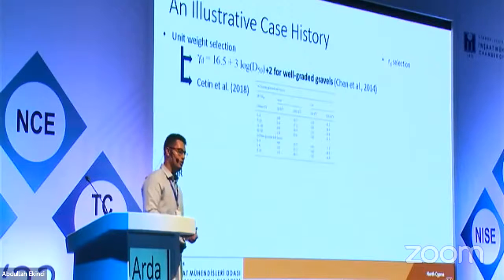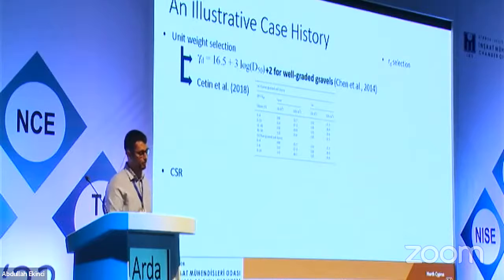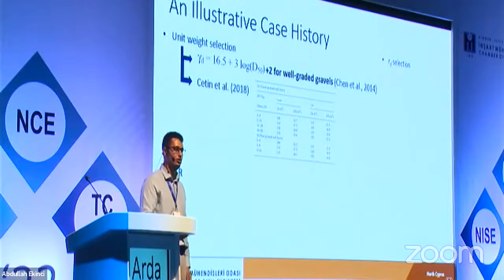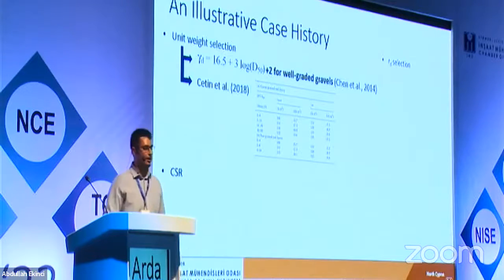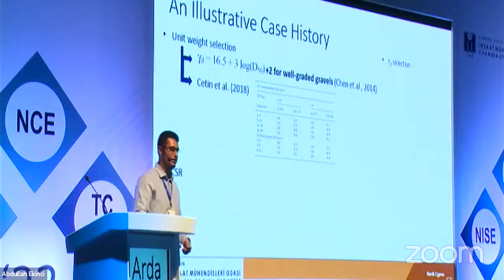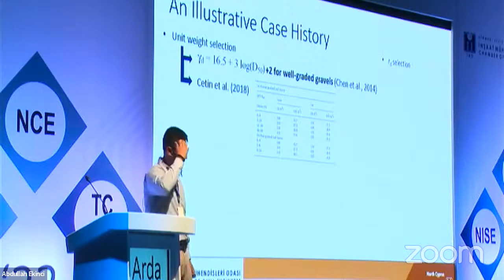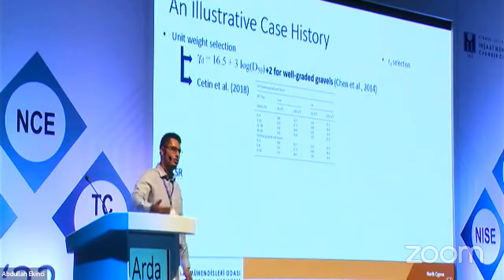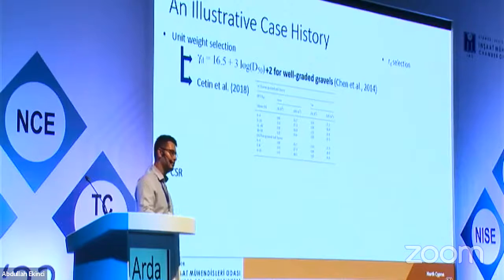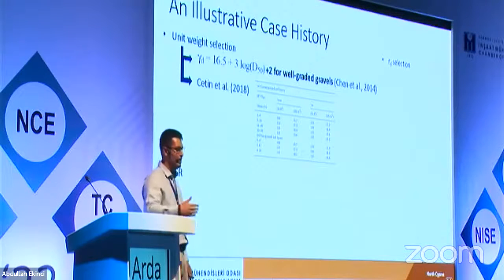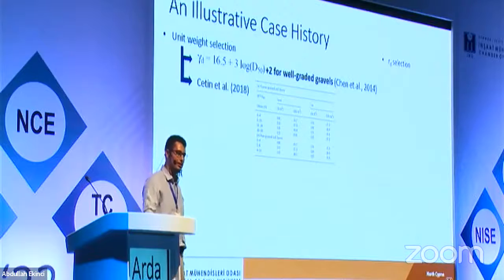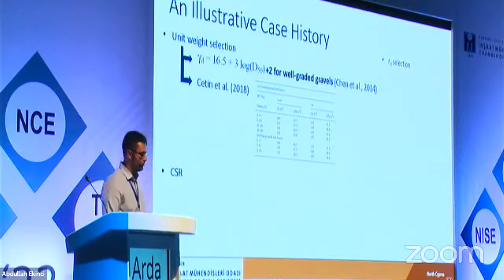I also used the solution proposed by Çetin between SPT and dry unit weight. However, it should be noted that most of these dry unit weights are a little bit low for gravels because they are proposed for silt and sand soil units.